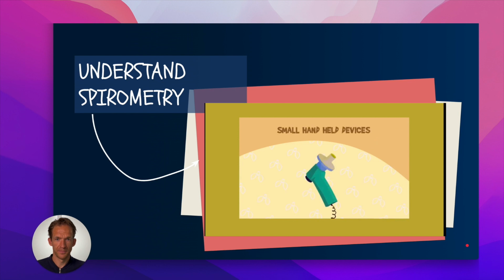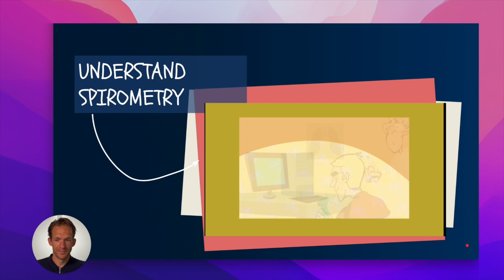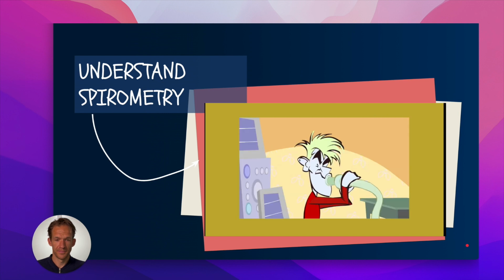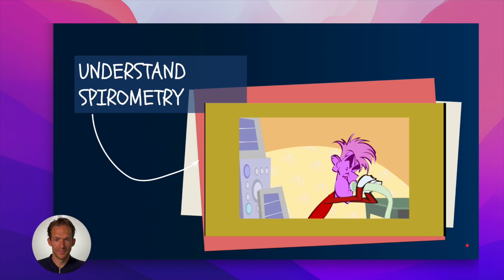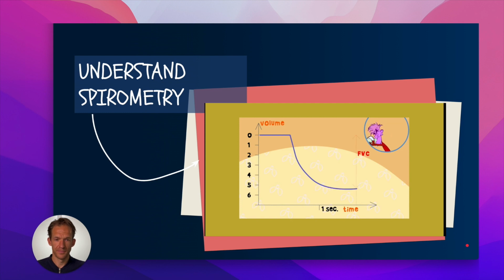Smaller handheld devices often with electronic calibration systems that are portable and can be used in primary care. The device is usually connected to a computer that transforms the signals received into a volume time curve graph and values. The spirometric values are obtained with a forced expiration by the patient that measures the most important parameters of lung function. These are the forced vital capacity, or FVC, which is the maximum volume of air that can be exhaled during a forced expiration after a maximal inspiration.